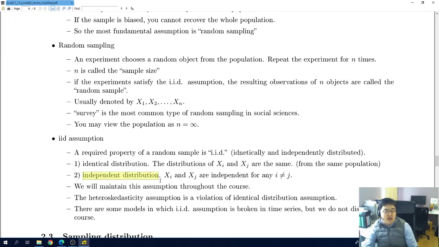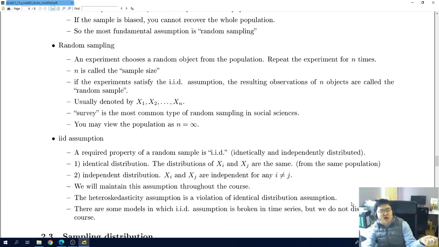And second, independent. The first one should not affect the second one. The result of the first experiment should not affect the result of the second experiment. For example, when you choose one person and survey the person and then ask the same questions to his or her friend, the result of the first survey affects the second one because friends must be correlated in some way.